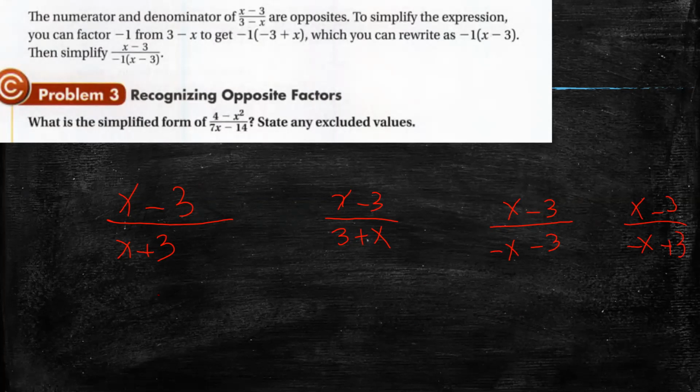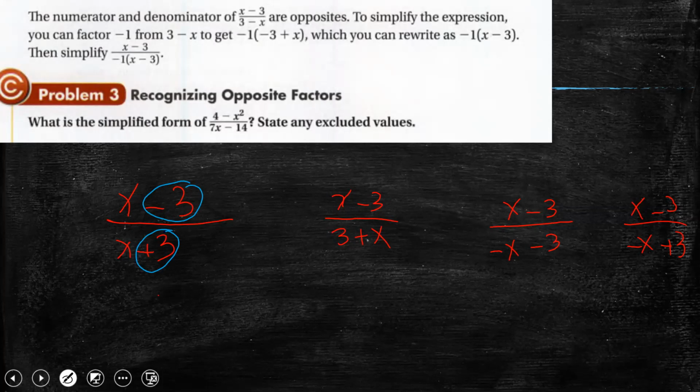Now look at the first one here. What you have to do to know that, look at the first one. Look at the numbers. Are the numbers opposite? Yes, they are opposite: negative 3 and positive 3.